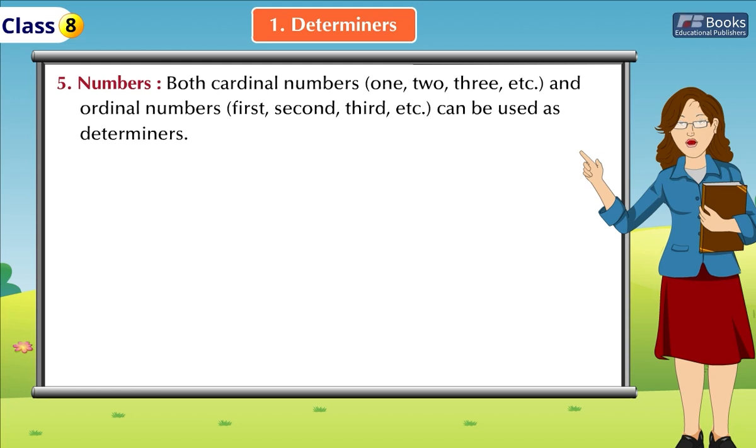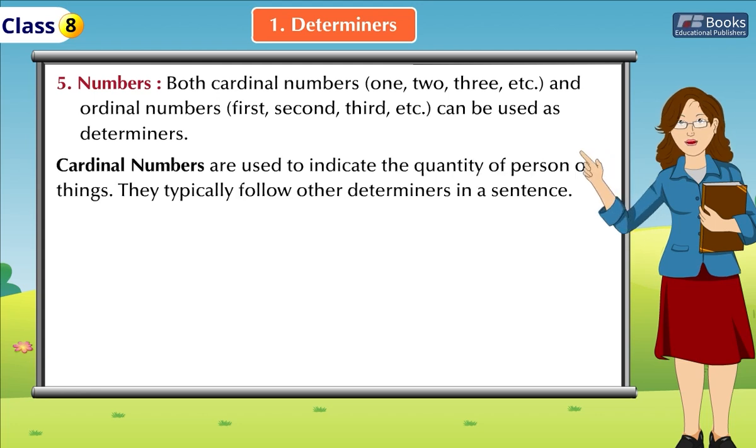Type 5. Numbers. Both cardinal numbers 1, 2, 3, etc. and ordinal numbers first, second, third, etc. can be used as determiners.